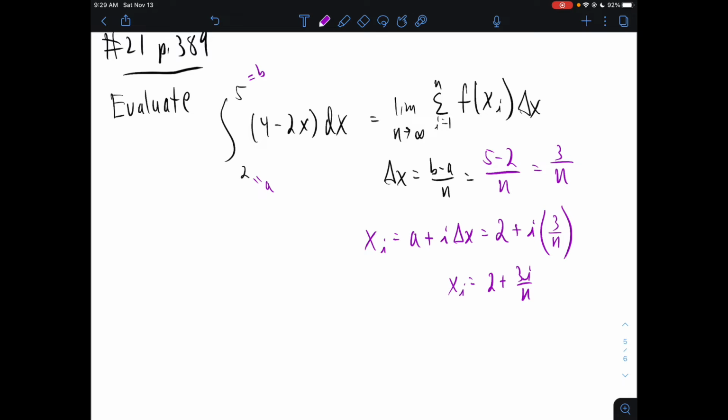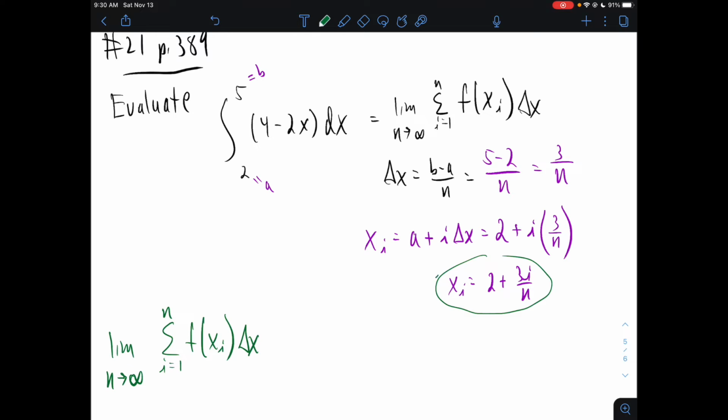Okay, so to evaluate this integral, we need to find the limit. We're going to have to evaluate a limit of a sum. That's why we spent so much time learning about limits before. And we have to work our way from the inside out, so we have to evaluate this sum first. Now f of x sub i just means I'm going to plug this into my function.